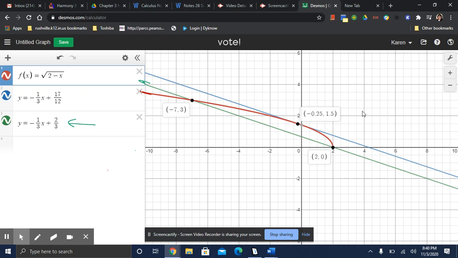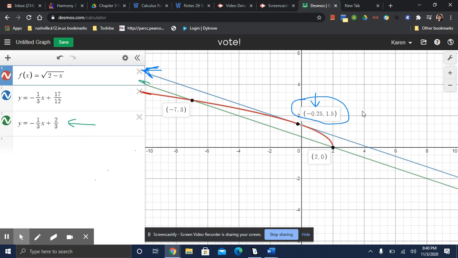And so what we found is the x value, and that x value turned out to be -1/4. So notice this point right here, the x is -1/4. And we have a tangent line. This is our blue line that is running through -1/4.